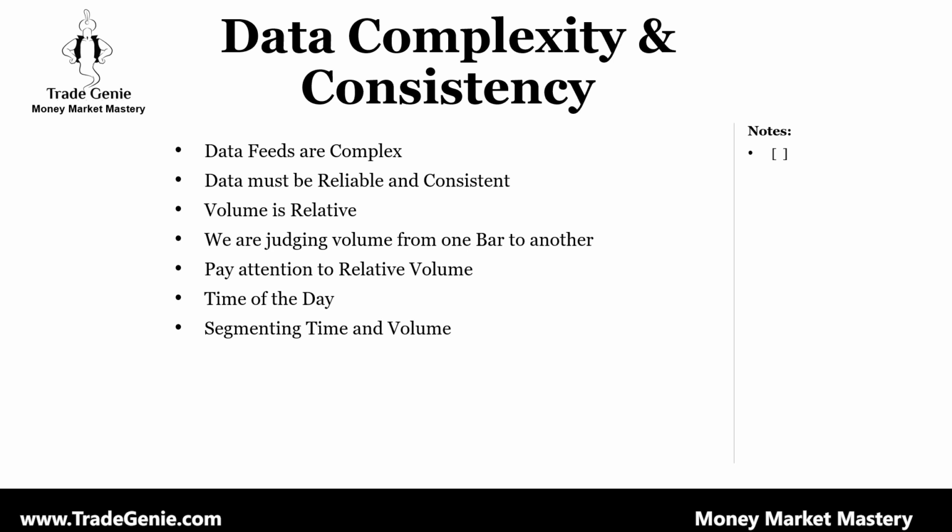Something is going on, there's a high relative volume there, so there must be some urgency, and then you validate with your own techniques. Don't just jump in based on relative volume alone. Pay attention to relative volume, and pay attention to the time of day. If the relative volume is high in the early period, it has less meaning compared to relative volume consistently maintained during the whole day.